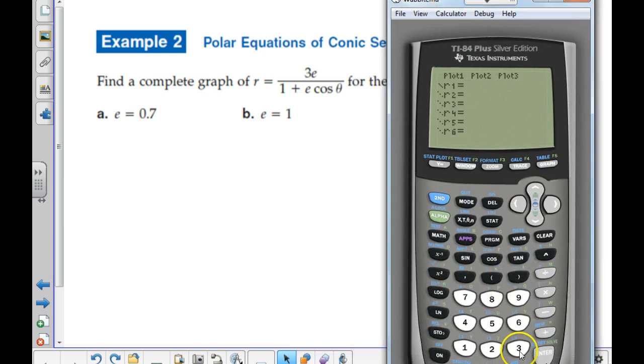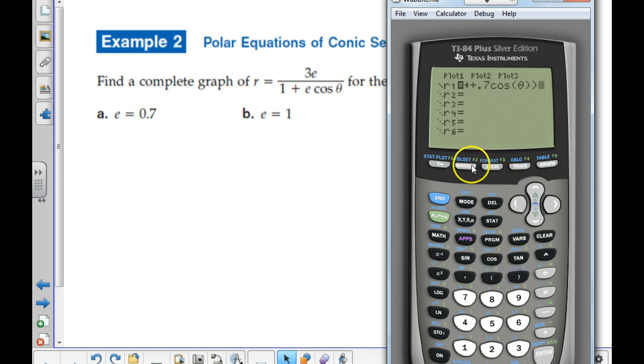So I'm going to type 3 times 0.7. You can put it in parentheses if you want, but it doesn't matter. Divided by, we do need a parenthesis for the bottom so that it does the adding. 1 plus 0.7 cosine of theta. Close those parentheses.